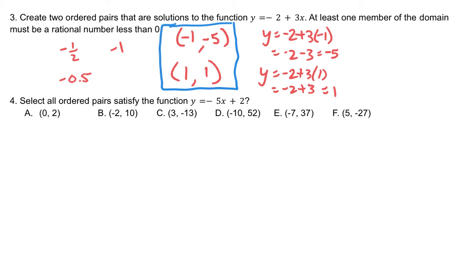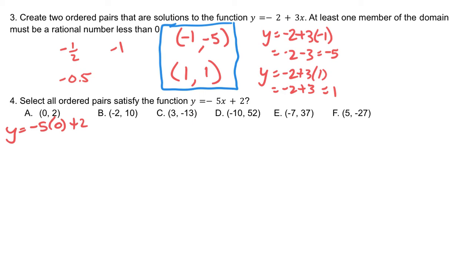Select all on the next one. Select all ordered pairs that satisfy this function right here. So I will go, y equals negative 5 times x, which is 0 in this case, plus 2.